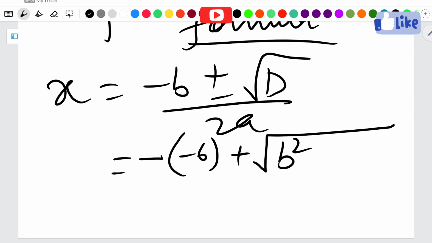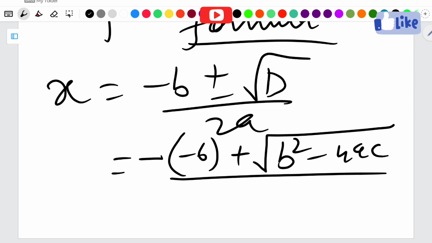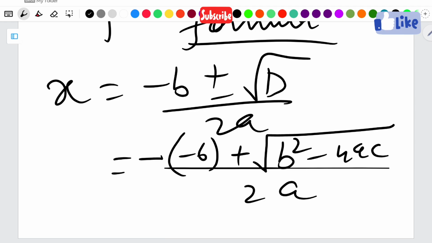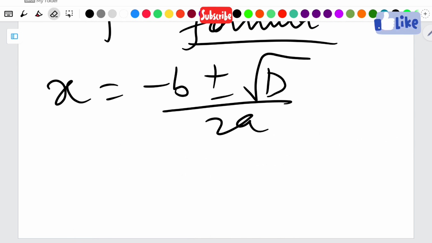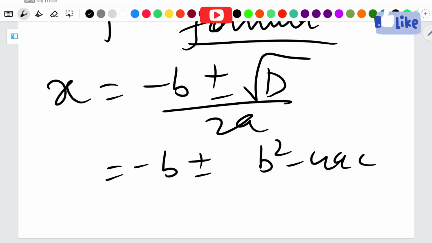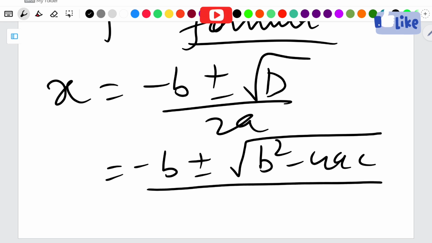That is b square minus 4ac, by 2 times a. Okay, so first you write the formula: minus b plus minus root of b square minus 4ac, this is the value of d, by 2 times a.